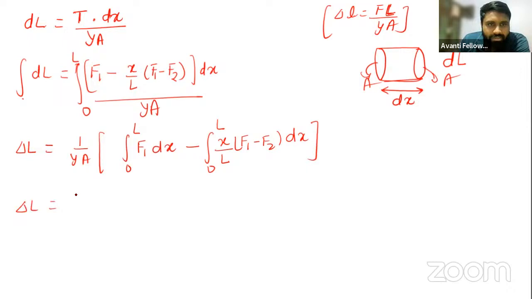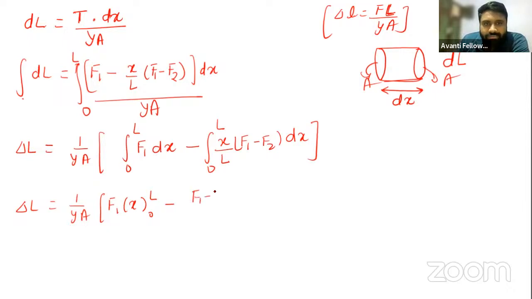Now delta L will become 1 upon YA. The integration of a constant gives F1 into x. The integration of dx is x, with limits 0 to L.